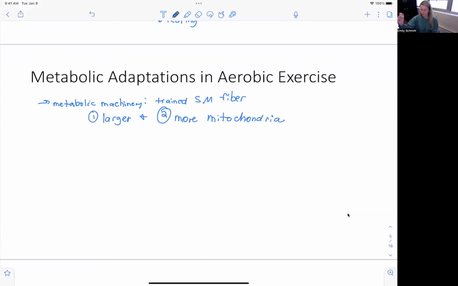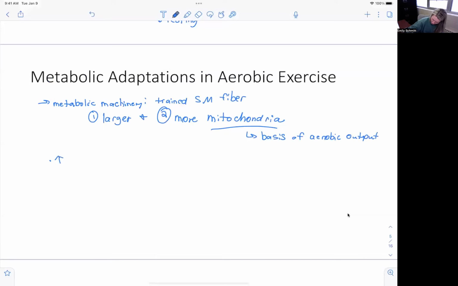And this will be important because the mitochondria, remember, this is where our Krebs cycle, our electron transport chain, this is all taking place. So if you have larger and more mitochondria, that means that you are going to adapt and essentially be better at aerobic activity. So this aerobic energy production is taking place in the mitochondria, and this is the basis of our aerobic output. So if you're training this system and if you're becoming better at aerobic exercise, it makes sense that we will have larger and more mitochondria.